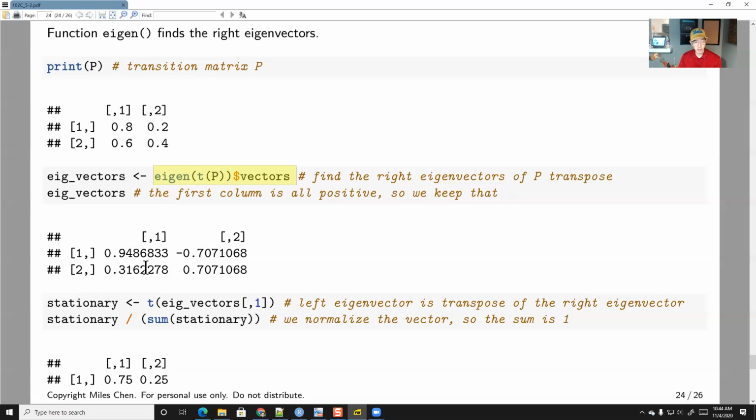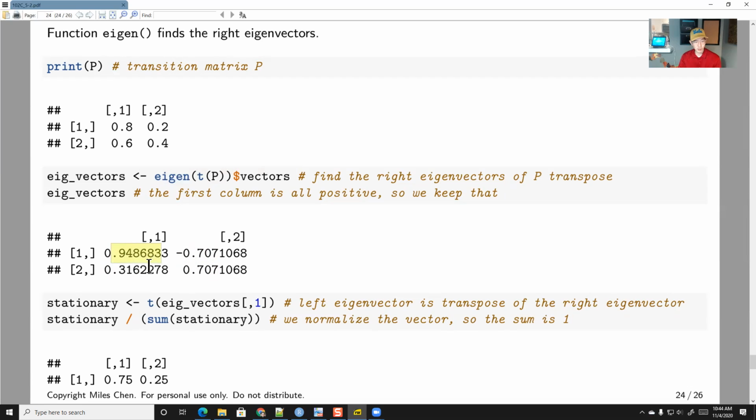All right, and so we get two eigenvectors. This first column is the one we're going to keep because it's all positive. We can't have a distribution where one of the probabilities is negative, so this other one is no good.